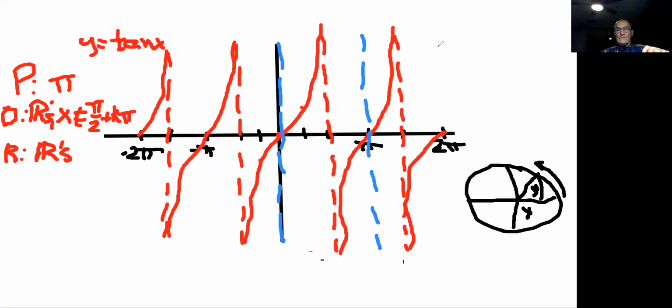And over here at 2 pi, we have a vertical asymptote. Over here at pi, minus pi, we have a vertical asymptote. And over here at minus 2 pi, we have a vertical asymptote.